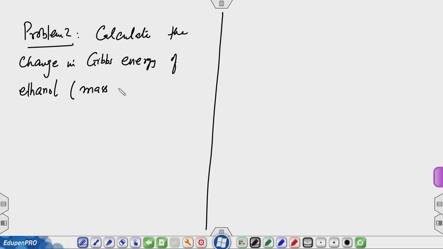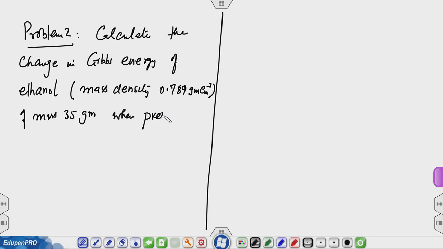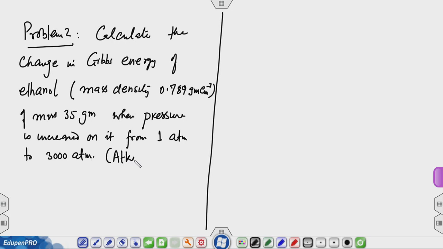Its mass density is 0.789 grams per centimeter cubed, of mass 35 grams, when pressure is increased on it from 1 atmosphere to 3000 atmosphere. This is also taken from Atkins's book.